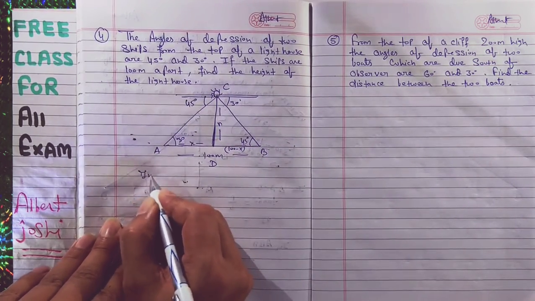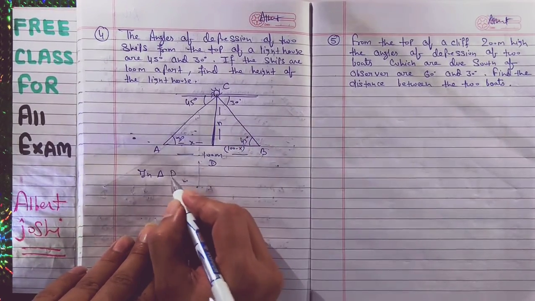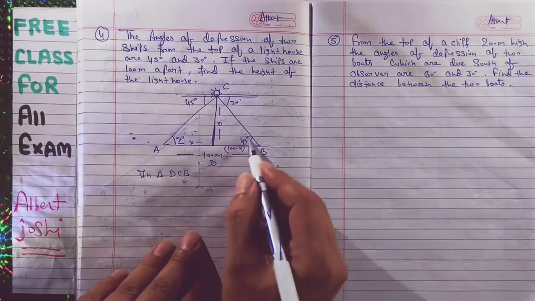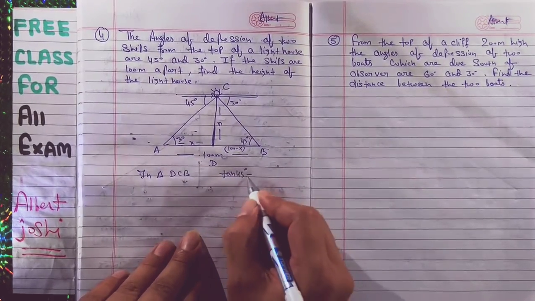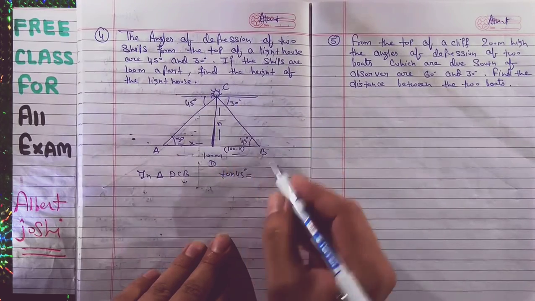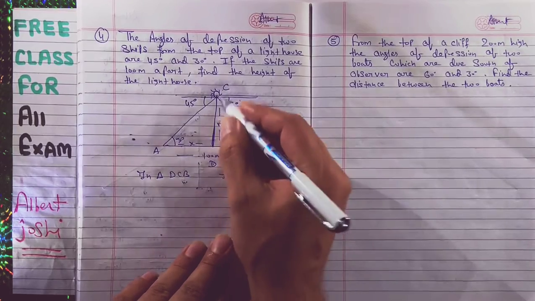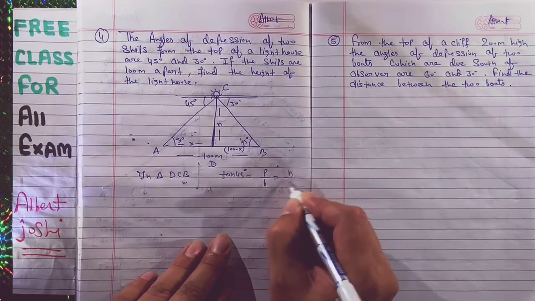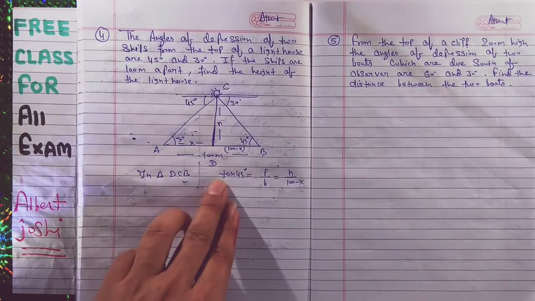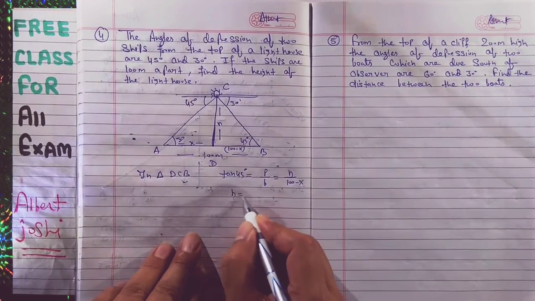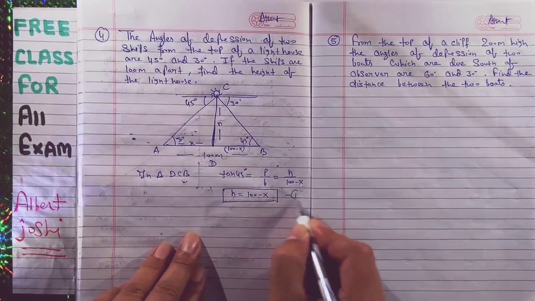So in triangle DCB, tan 45 is equal to perpendicular upon base. Perpendicular means height and base means this 100 minus x. Tan 45 is equal to 1. So your h is equal to 100 minus x. This is your first equation.